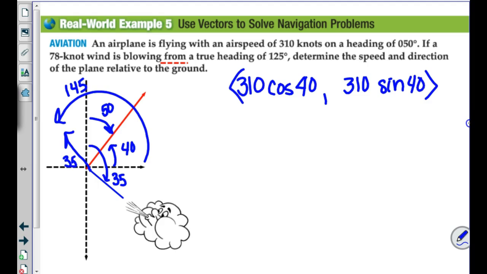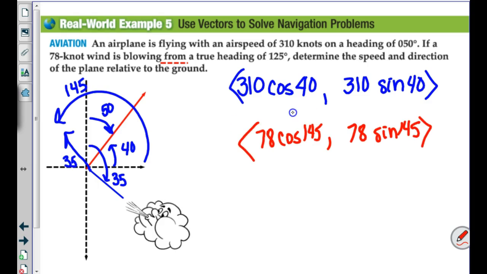So the wind actually has 78 cosine of 145 and 78 sine of 145. And then what we're going to do is add those together and get components here. And then we're going to have to find the magnitude using Pythagorean theorem. Okay, so this is way easier than what some of you do in physics when you do tip to tail and you have to use law of sines and cosines, because those really require that you're graphing things accurately.